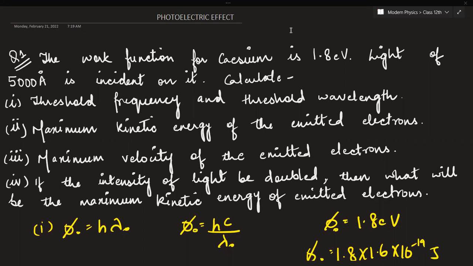If intensity of the light is doubled, so what will happen to kinetic energy? Will it be doubled, tripled? What will happen to kinetic energy? At least make an effort to turn your pages what you have written in the theory part.